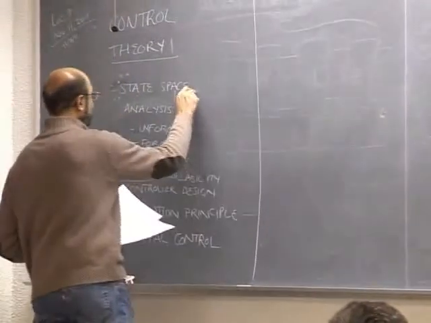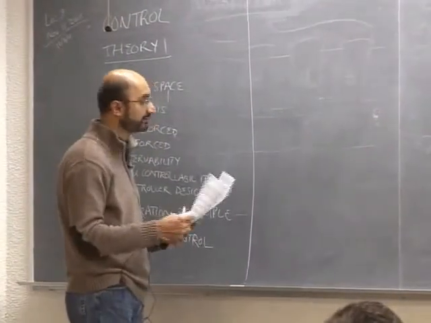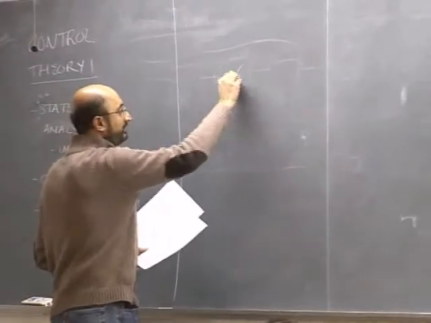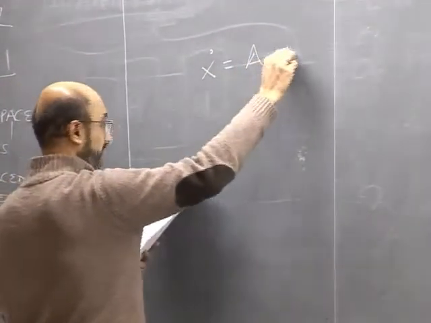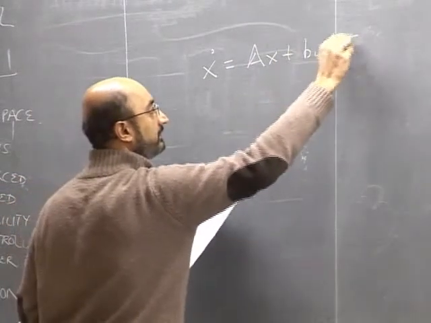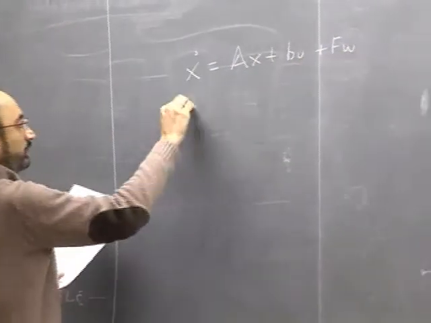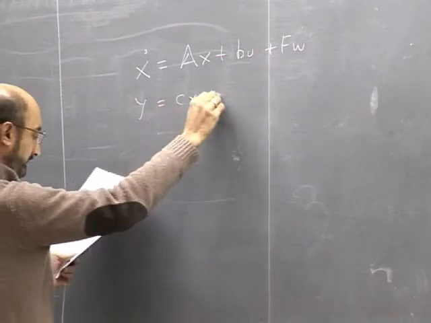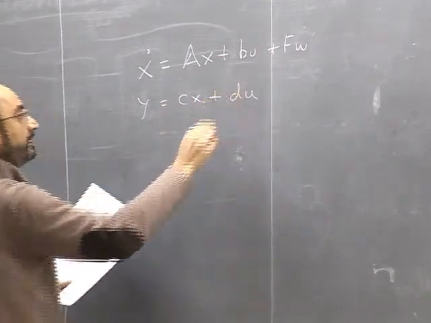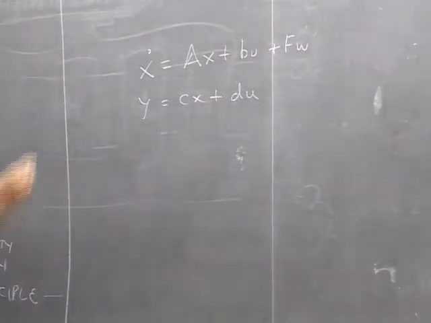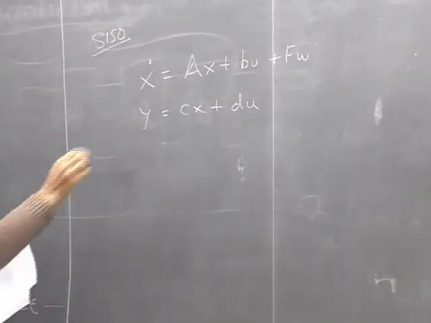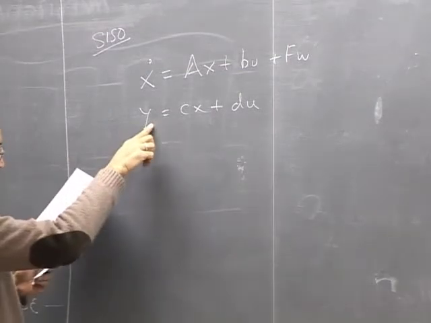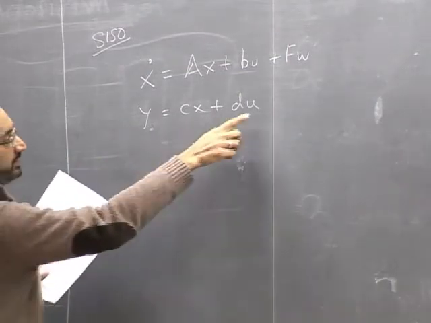Okay, let me start here with state space analysis, which we started last time, and I'm going to write down the standard equation for that. X dot equals AX plus BU plus FW, and Y equals CX plus DU. This is a single input, single output control system where Y is a scalar, X is a vector, and U is a scalar.